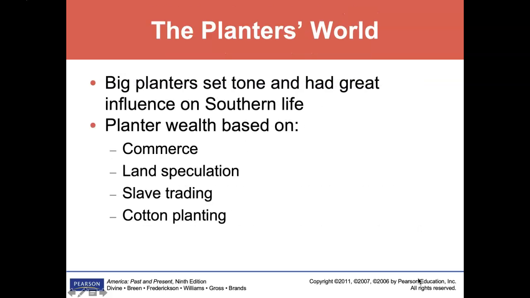Now, what was the planters' world like? Well, big planters set the tone and had great influence over most aspects of Southern life. The planter wealth was based on commerce, land speculation, slave trading, and cotton planting. And so there tends to be this notion of a common cotton culture, which is embellished and established into the American slave system and, of course, the American South.